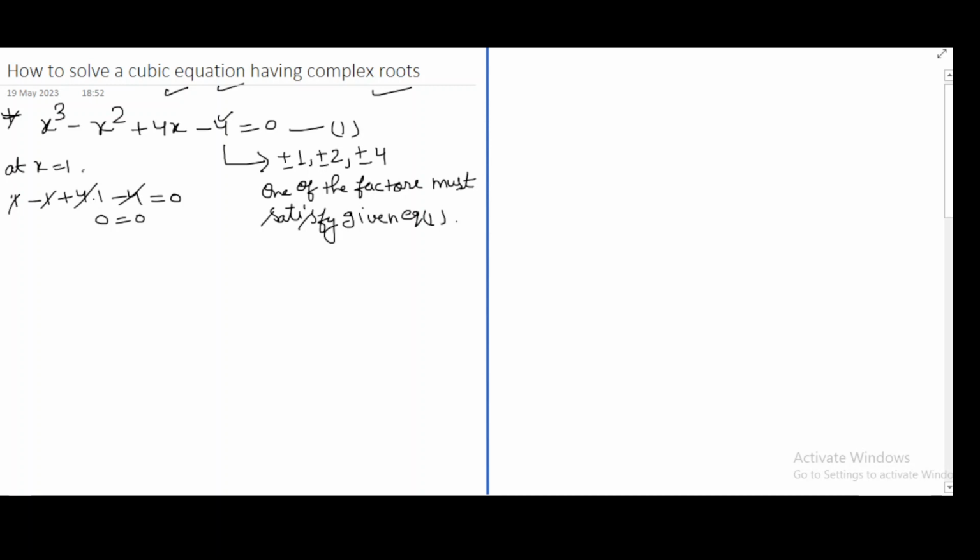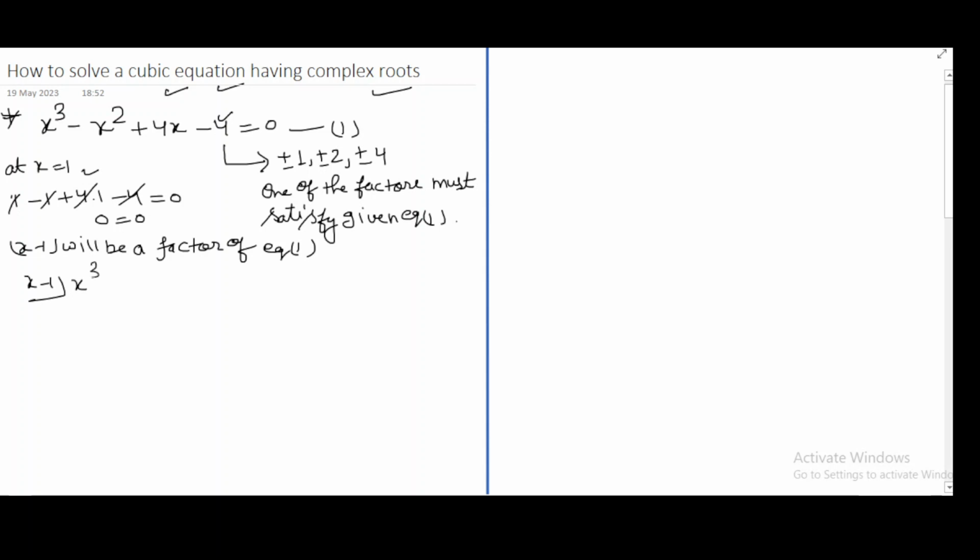If x equal to 1 is satisfying equation number 1, then x minus 1 will be a factor of equation 1. That means x minus 1 will divide this equation and there will be remainder 0.